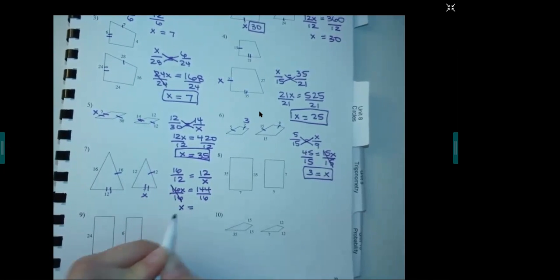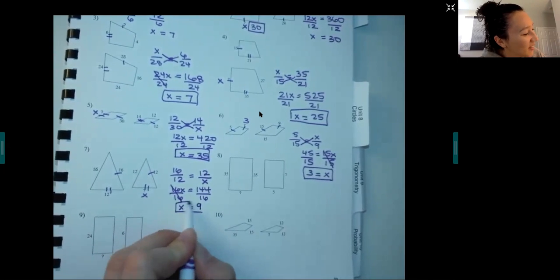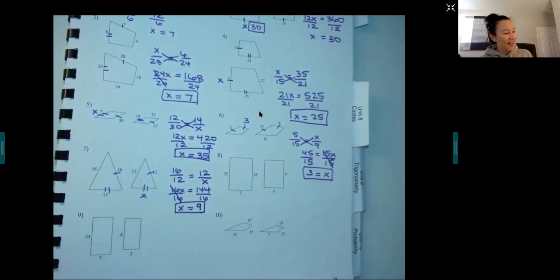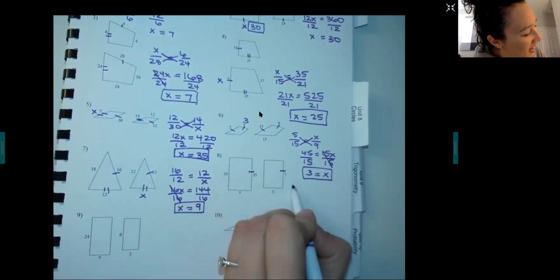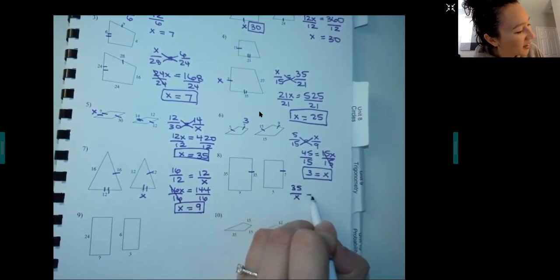And so then I got x equals 9. Great job. Thank you. And what about number 8? For number 8, I put 35 over 7, and then x over 5.